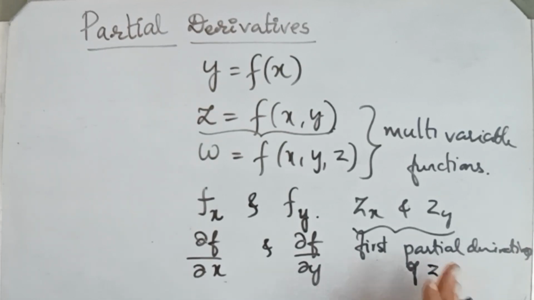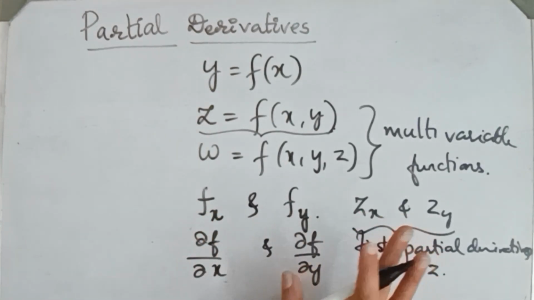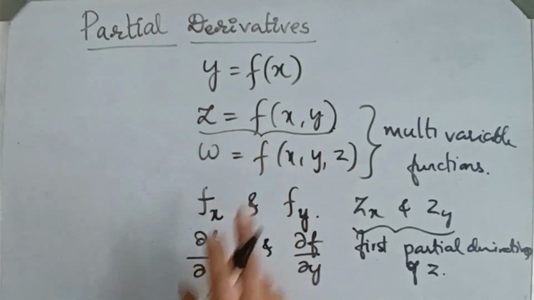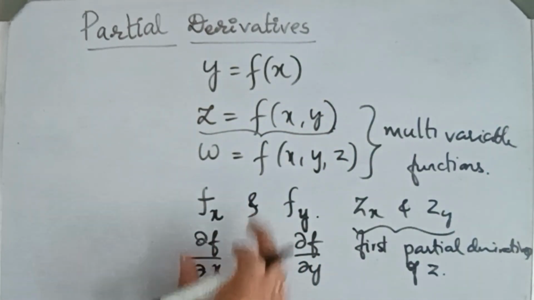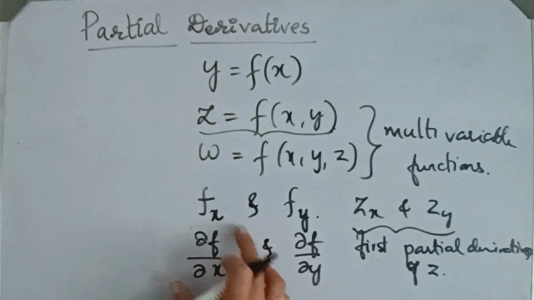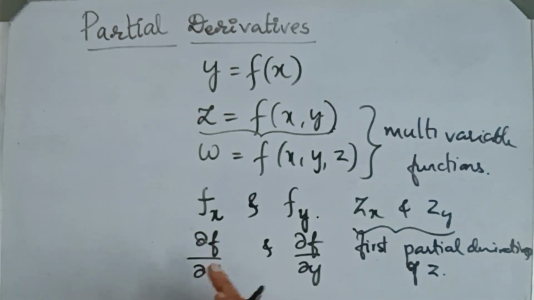That is because you can find the second, third, and nth order partial derivatives as well for the given function f. So this is differentiating f with respect to x once. If you differentiate dou f by dou x with respect to x once again, then we call it the second partial derivative of z.